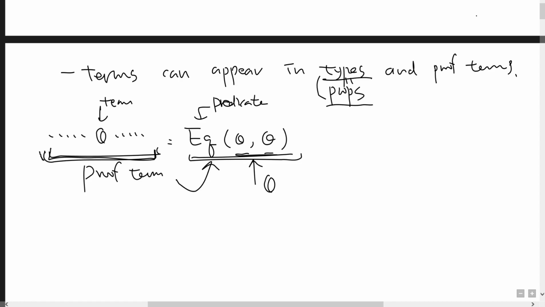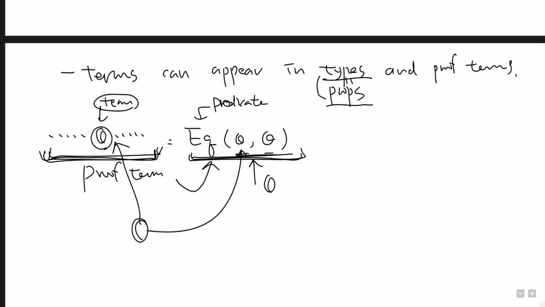So we'd expect that this proof term contains term 0. Now we see that the same term 0 appears inside the proof term and also inside a type or proposition. That's the first observation we make about first-order logic.